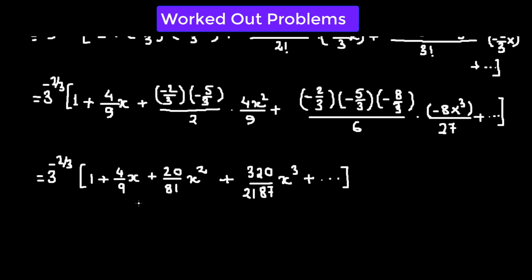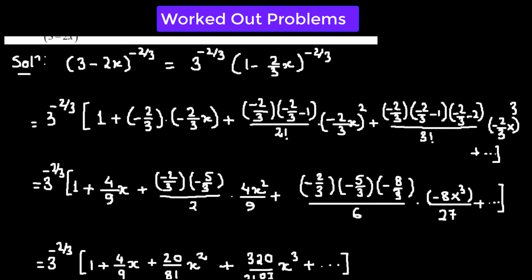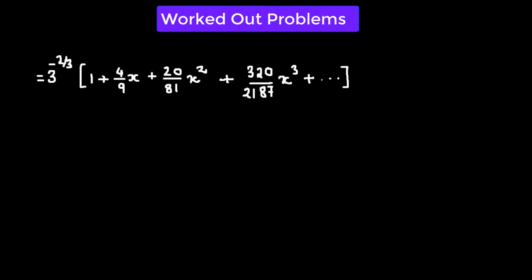Now we have to find the values of x for which the given expansion will be valid. So we will consider this particular part, which is 1 minus 2/3 of x. For this binomial, it has to satisfy the condition that the absolute value of negative 2/3 of x must be less than 1.